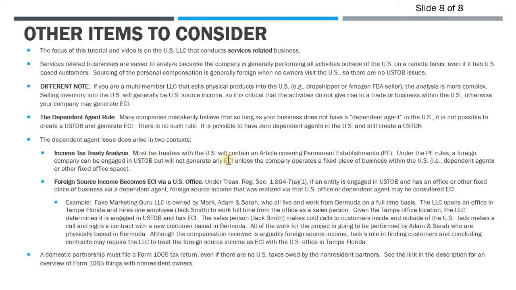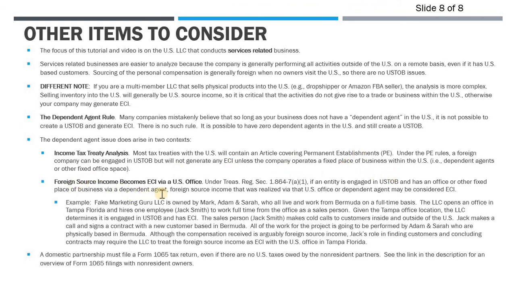Most tax treaties will contain a permanent establishment article, and within that article it says that if you have a foreign company engaged in U.S. trader business, it's exempt from tax and doesn't have ECI because the company doesn't operate from a fixed place of business in the U.S. So what they're saying is that you could have a U.S. trader business, but we're not going to make you subject to tax unless you very clearly have a dependent agent or other fixed place of business within the United States. So that's that permanent establishment article.